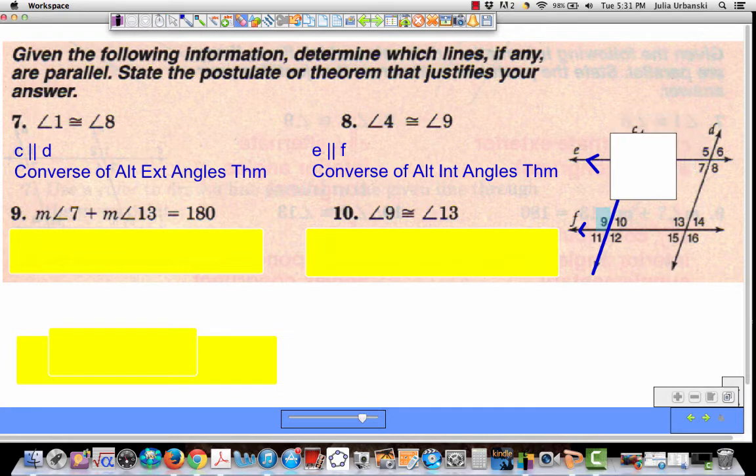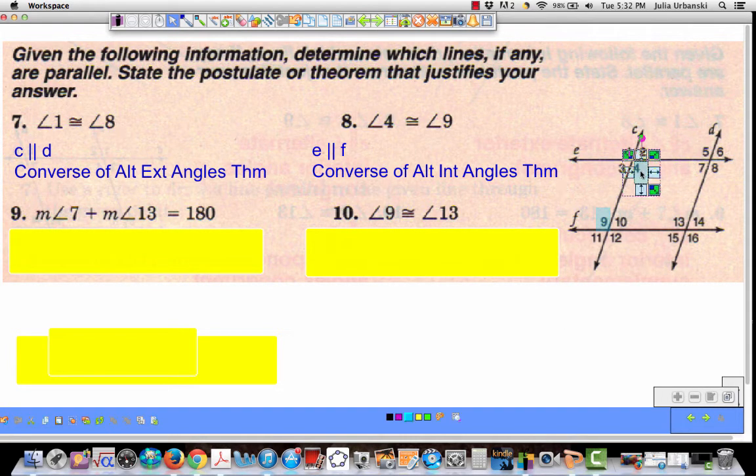Look at number 9 while I'm erasing. Look at the relationship between the 7 and the 13. 7 is here, and 13 is here.